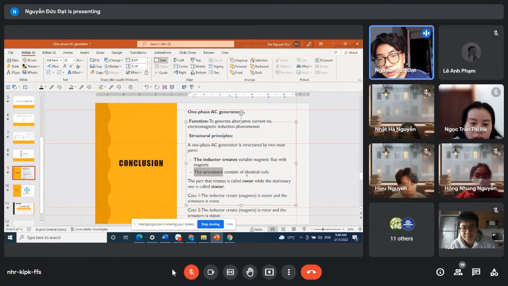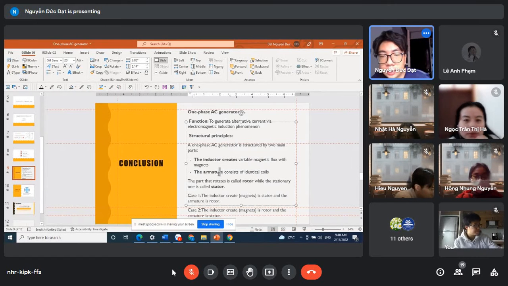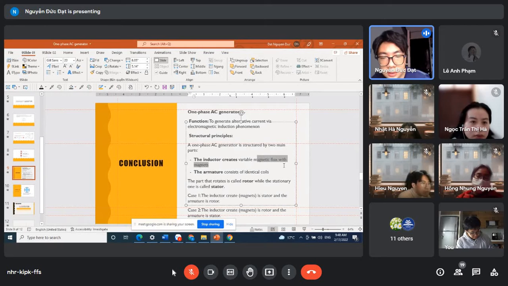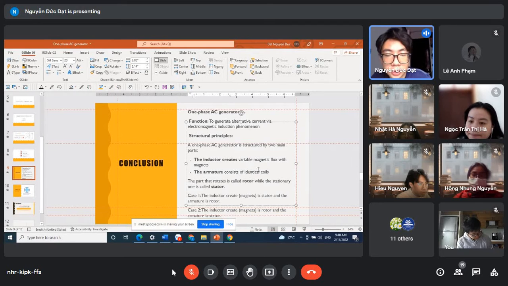The armature consists of identical coils. It consists of identical coils. This one is the phần cảm, the inductor. It provides the magnetic flux, and the armature is the part that contains the coils. So there are two ways to name the parts of a generator. You can divide it by motion into the rotor, which is the rotating part, and the stator, which is the stationary part.